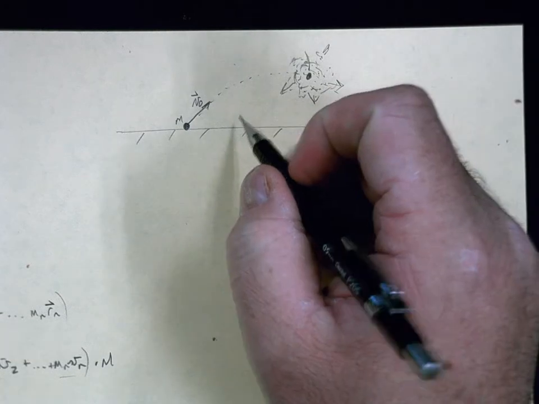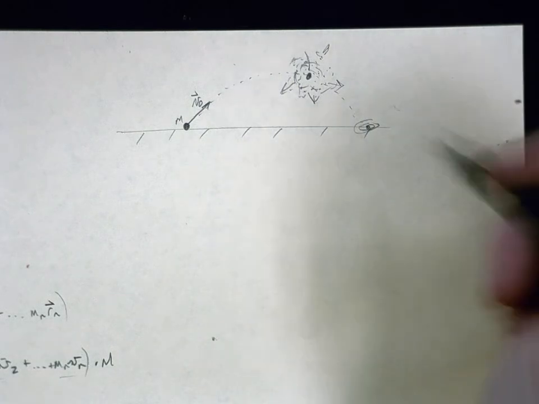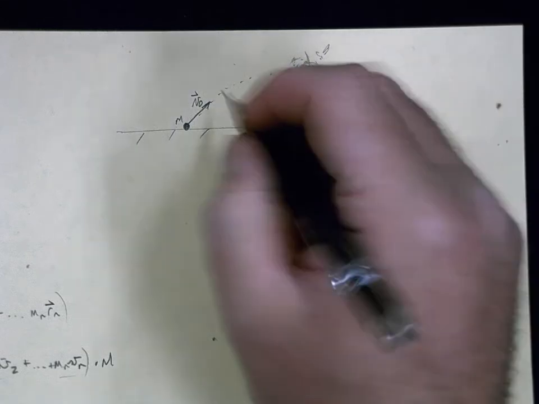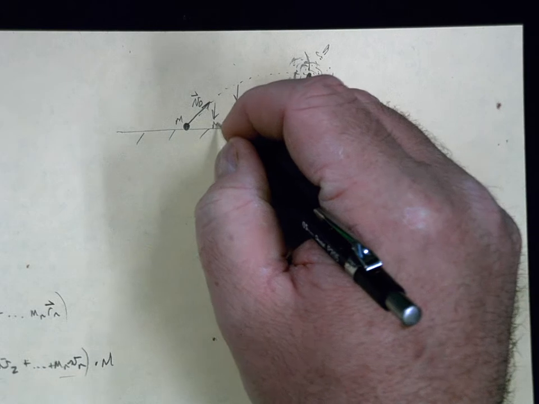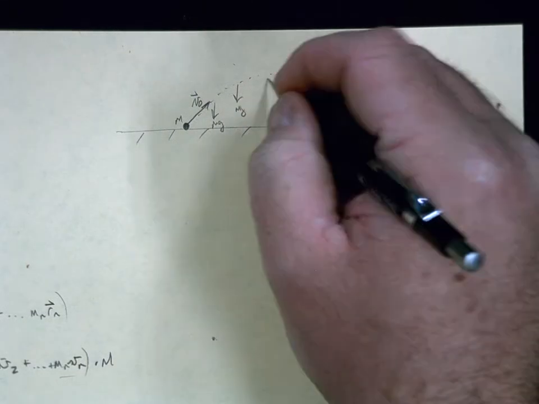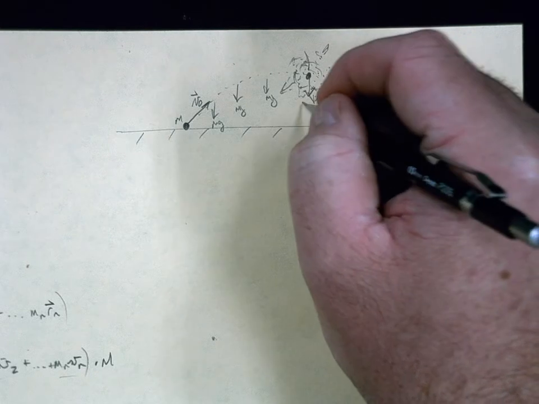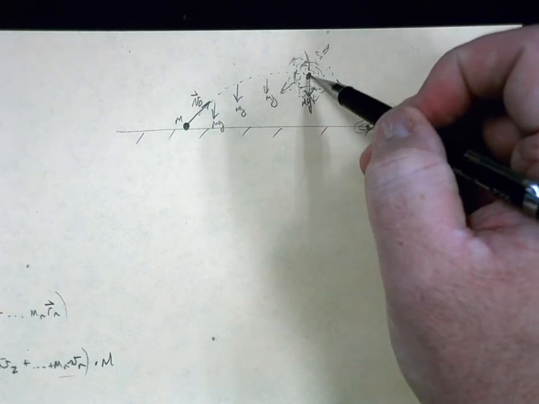If we were to track all of these, what is the net force on the shrapnel? Well, all of them are experiencing a similar force, because at every single point there's mg, mg, mg. But that's acting on the center of mass of all the particles.